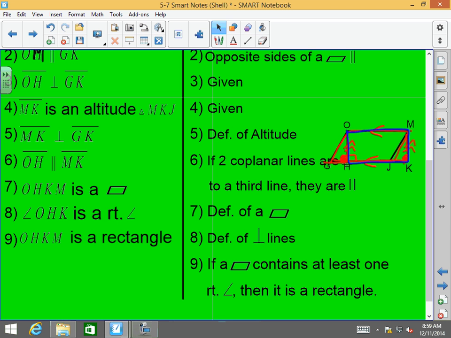Guys, I have noticed that on two proofs already that we've done yesterday and today, when you had the corresponding angles, you thought it was same side interior angles, and one of you thought it was alternate interior angles. Alternate interior angles, you form a Z. Same side interior angles, you form a U or a C as in cat. And those are not congruent. They have a sum of 180.